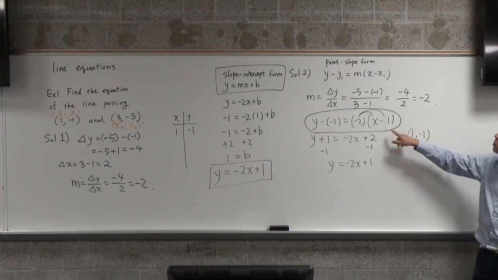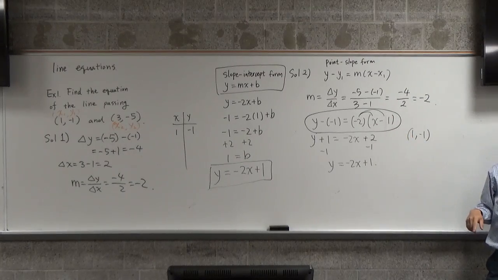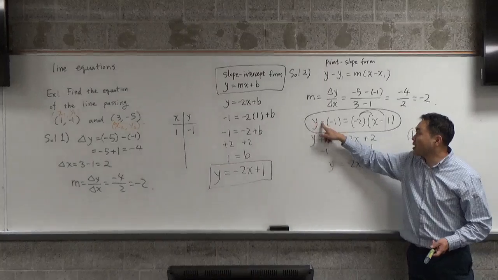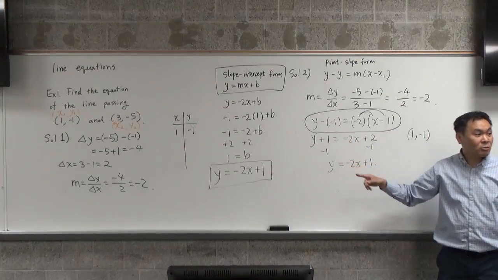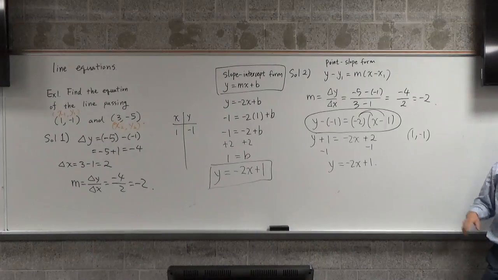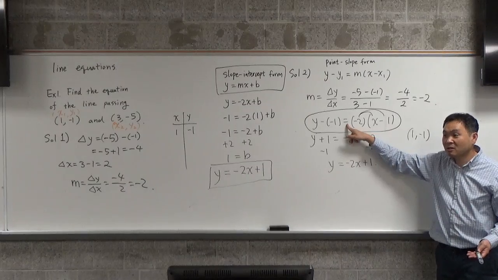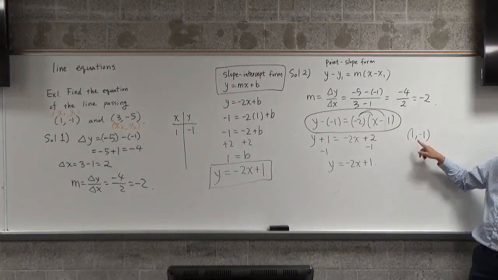If you plug in 1 over here, 1 minus 1 is 0, so you get 0 on the right side, and then you plug in negative 1 here, and what's negative 1 minus negative 1? 0. Anything minus itself is 0, right? So what does that verify? 0 equals 0. So the equation holds, right? If 0 is equal to 0, the equation holds, and we know for sure that this is a point on this line.